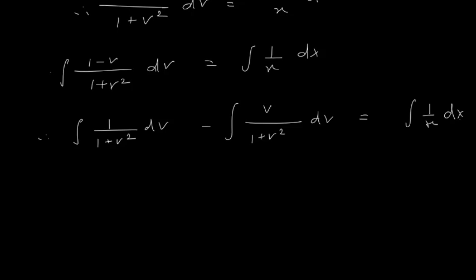Now integration of 1 upon 1 plus v square is tan inverse v. Here if you observe carefully, the derivative of the denominator is 2v, so it is easy to adjust v with 2v. We will multiply and divide by 2. Now the numerator is the derivative of the denominator, so it will be log of 1 plus v square, we know the formula, and here it is log of x.